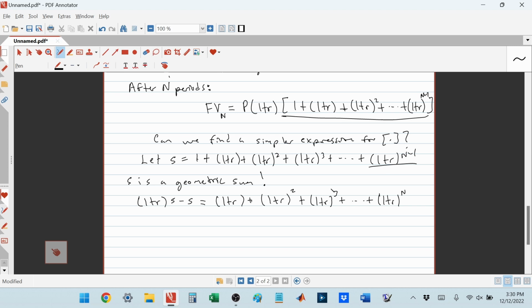So what you see here is 1 plus R multiplied by S, and now subtract S from that. And S is up here. So minus 1 plus R, minus 1 plus R squared, minus 1 plus R to the third, all the way dot dot dot minus 1 plus R to the n minus 1.